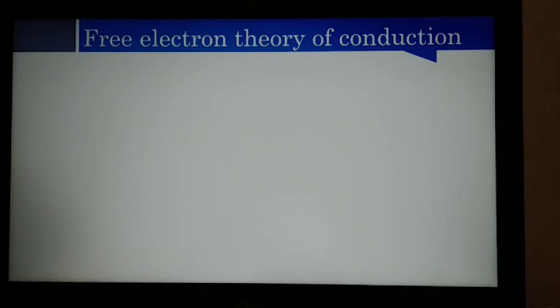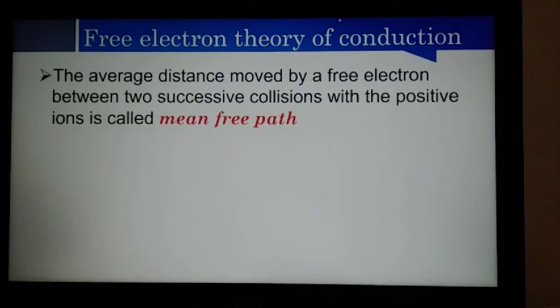By discussing the free electron theory, we have to become familiar with some terms. The first one is mean free path.